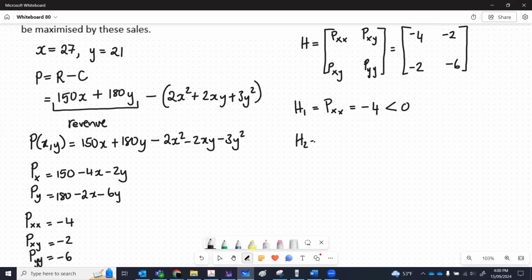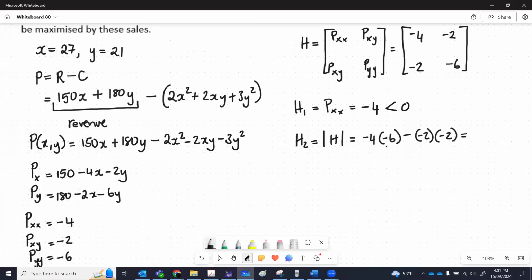Then our H2, we know that this is the determinant of the Hessian matrix. And we know how to work out the determinant of a 2 by 2 matrix. Very simple and straightforward. We have -4 times -6 minus -2 times -2. So this is negative and negative will give us positive.